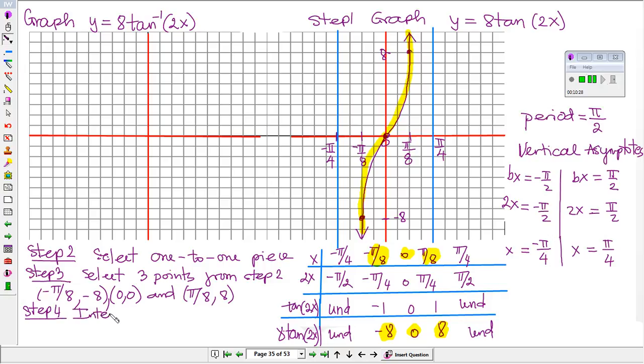We interchange the x and y values of each point from step 3.